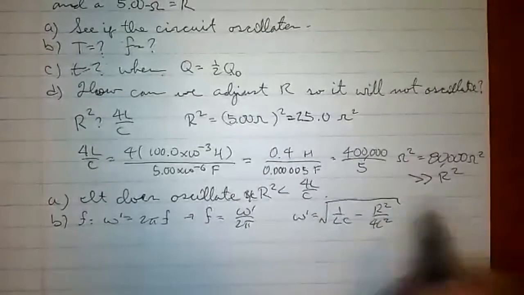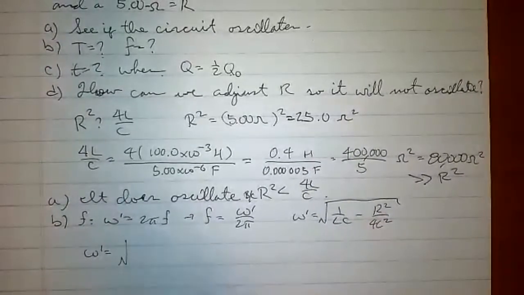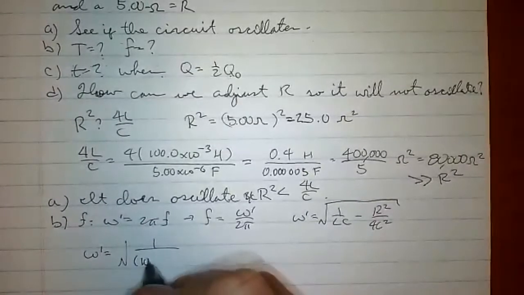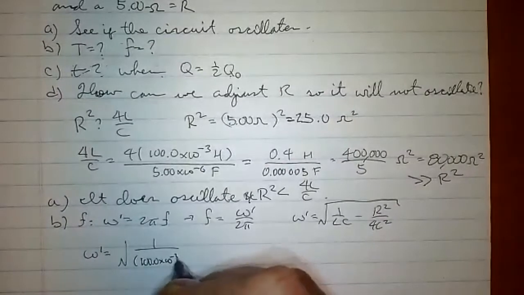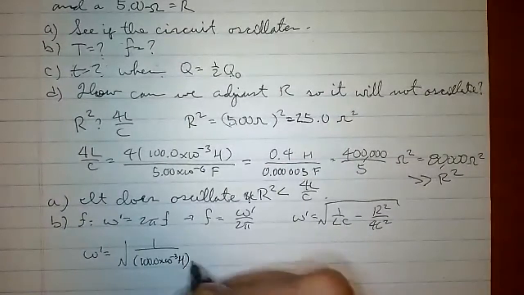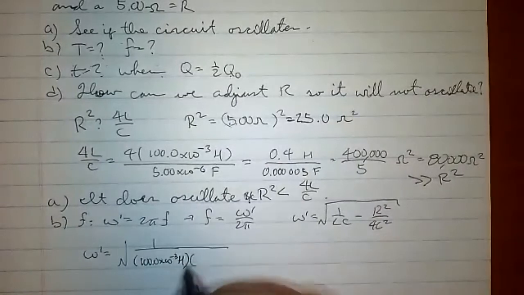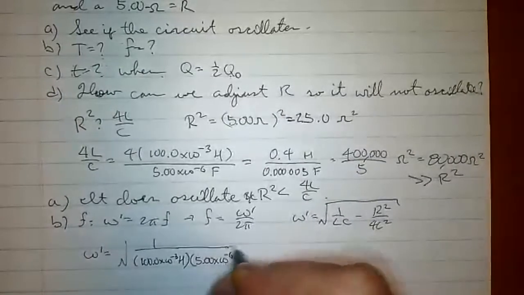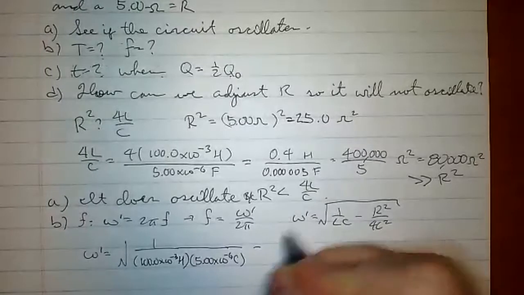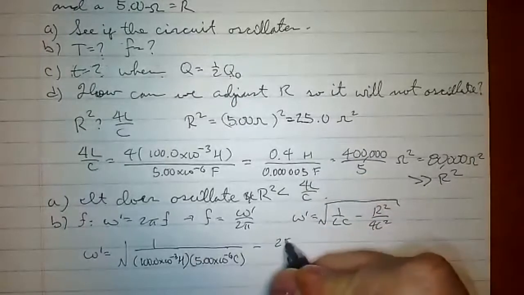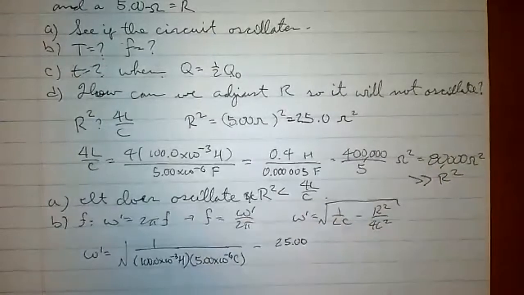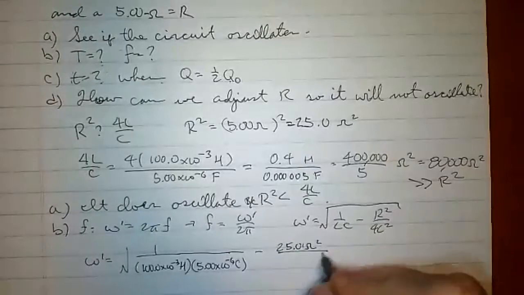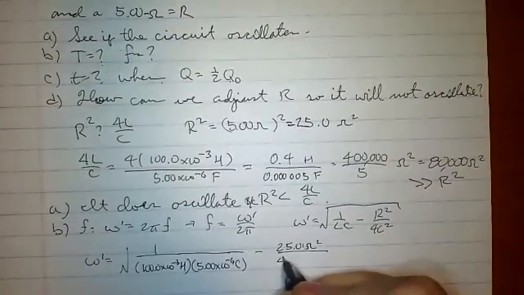So I got to calculate that. So omega prime is going to equal square root 1 over L, which was 100 times 10 to the negative third henries, times C, which would be 5.00 times 10 to the negative 6 coulombs, minus, we already know this R squared was 25.0, no, just 10, sorry, ohms squared, over 4 times L squared.